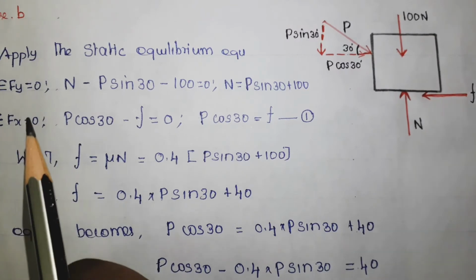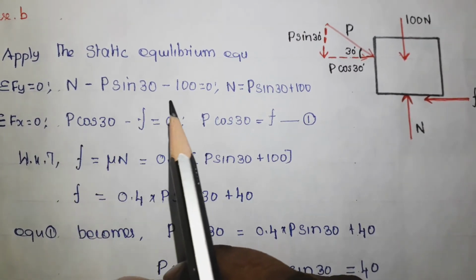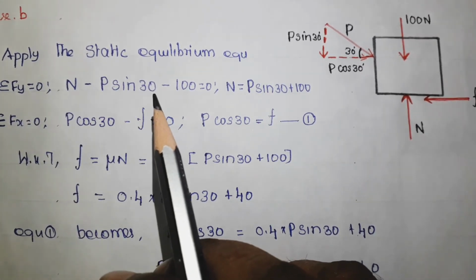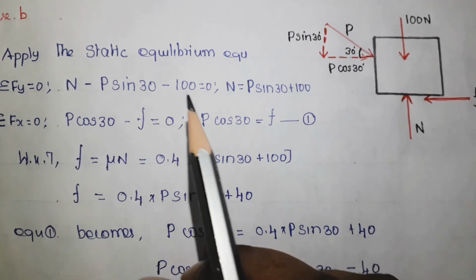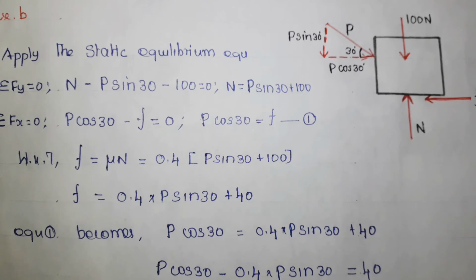Since the two forces are vertically downward, they should be taken as negative. So finally you will get N equal to P sin 30 plus 100.